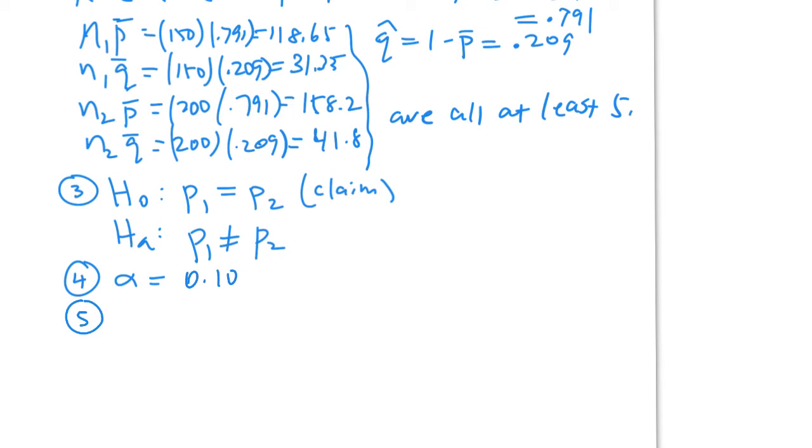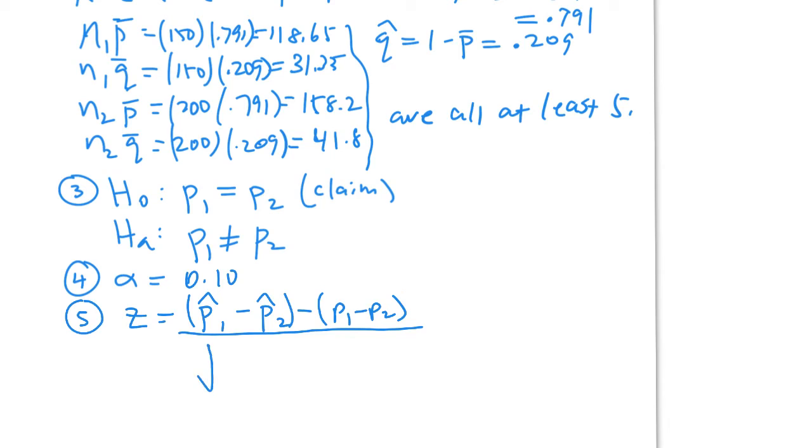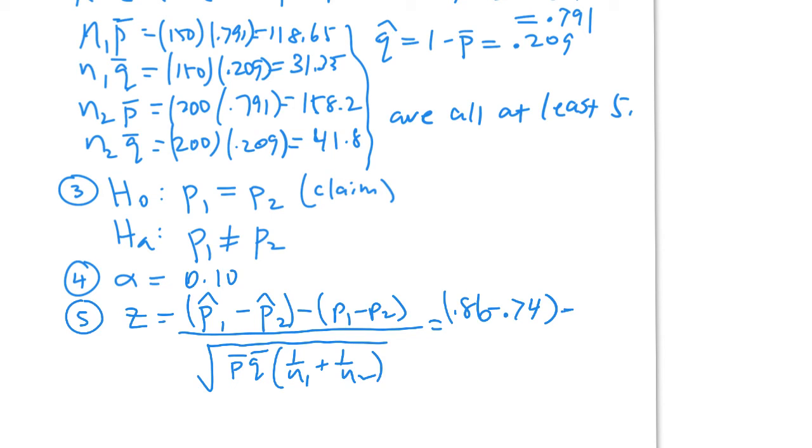Okay, step 5, if we're going to calculate the z statistic, here's the equation. It's got a lot of parts. So I have the p-hats from the data minus the true difference in proportions over the square root of this thing, p bar, q bar, 1 over n1 plus 1 over n2. So if you plug in all the pieces, it's 0.86 minus 0.74 for the difference in the p-hats.